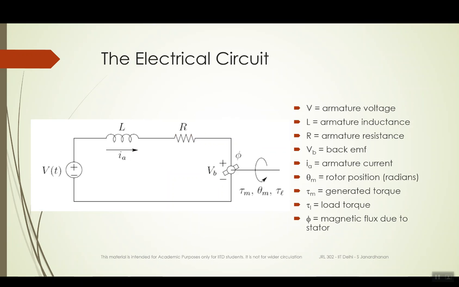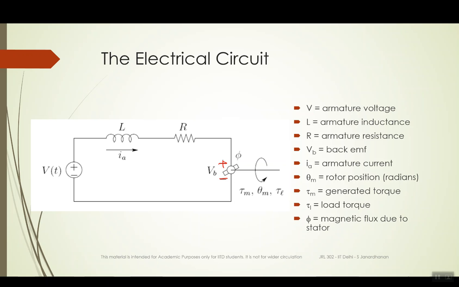So what we have here is a setup in which a voltage is being supplied, and since the rotor coils have some inductance and some resistance, there is an armature current Ia flowing through the entire circuit. There is also a back EMF at the armature, which is due to the motion of the rotor.